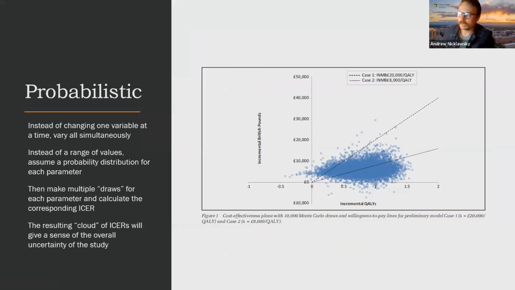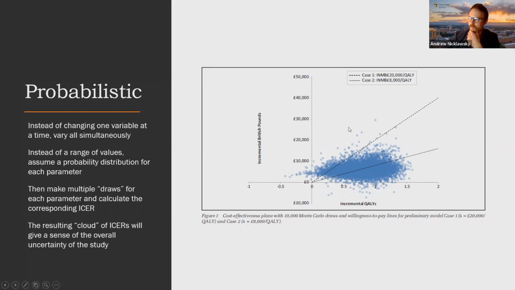Now let's say we want to talk about how confident we are in our ICER estimate overall. Well, we can do probabilistic analysis. So instead of changing one parameter at a time, we're going to vary all of them simultaneously. So what we do is we determine logical distributions for each parameter and sample from them, say doing like 10,000 Monte Carlo draws.